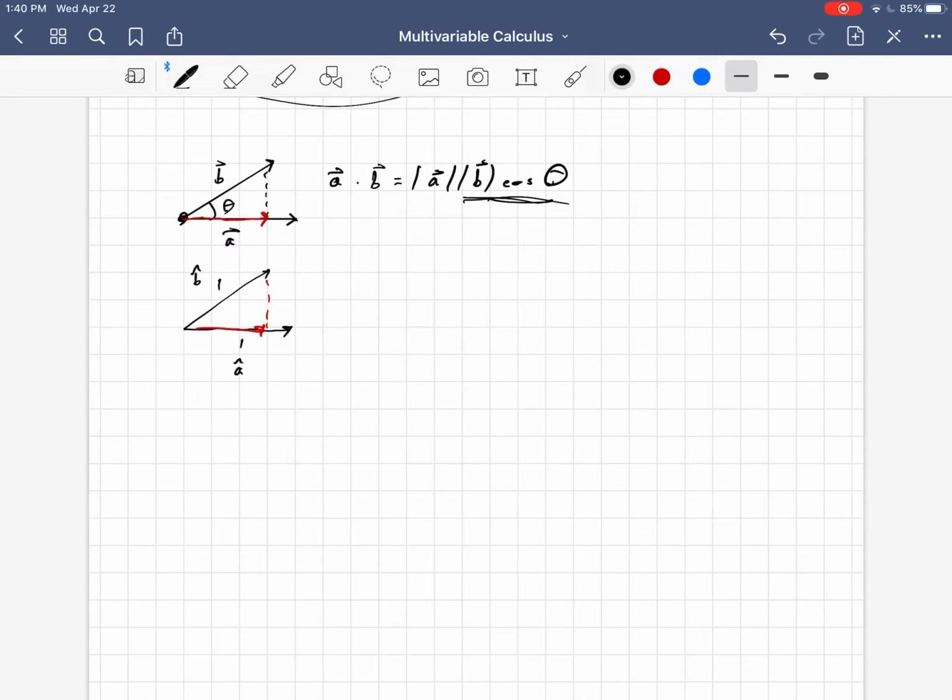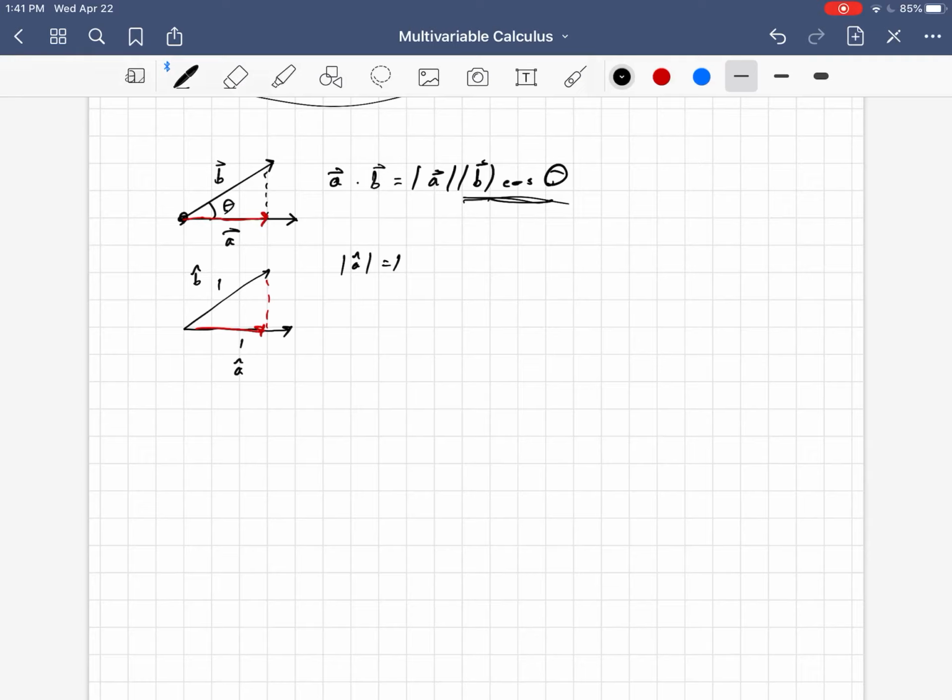But the idea is that this would then be A hat, because we just put a hat over them if they're unit vectors, and B hat. And still, if we were to draw this line, this would be the B cosine theta part, the red vector. And so if we're assuming them to be unit vectors, then the magnitude of vector A hat is just 1 by definition.